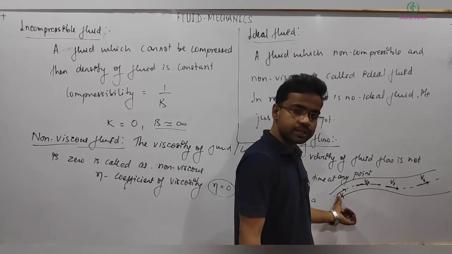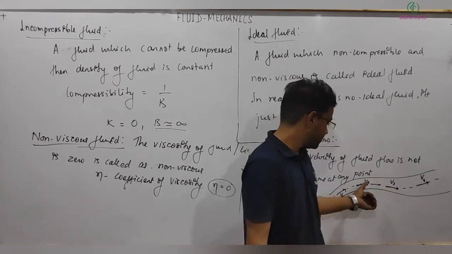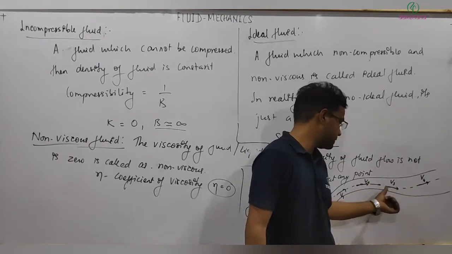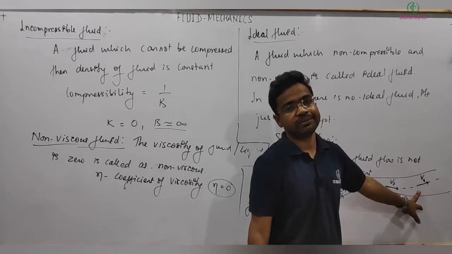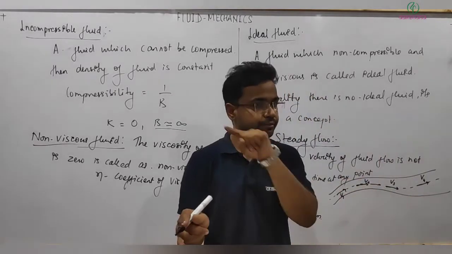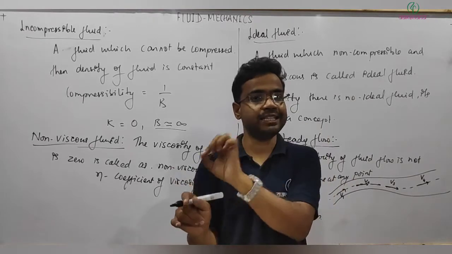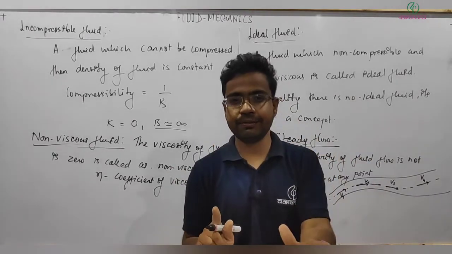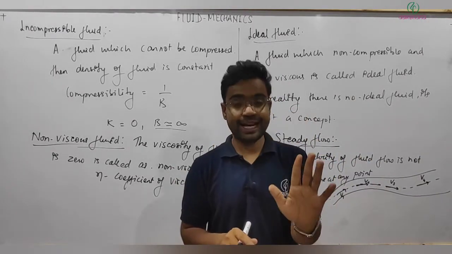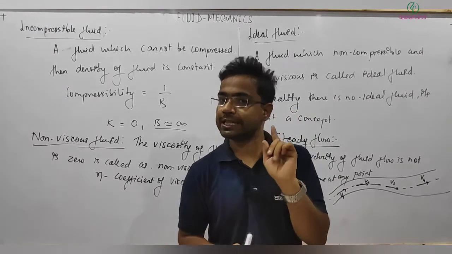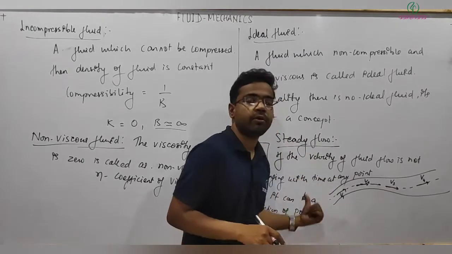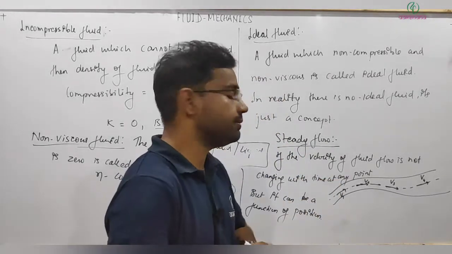But at any point, the velocity must not be a function of time. It can be a function of position, means at different positions the velocity can be different, but at any position, velocity must not change with time. This type of flow is termed as steady flow.